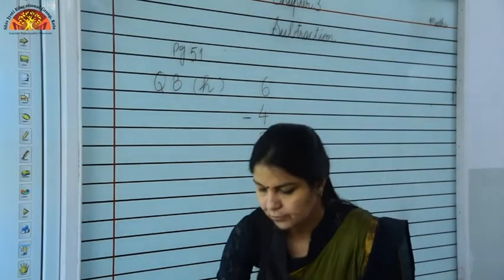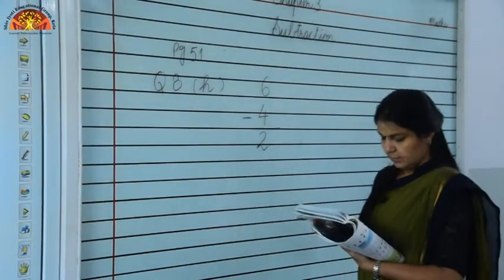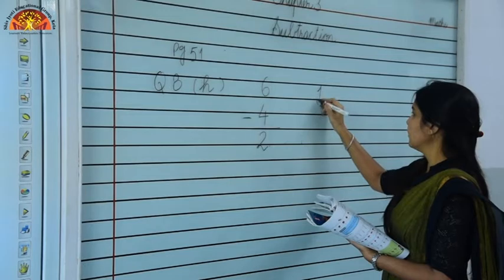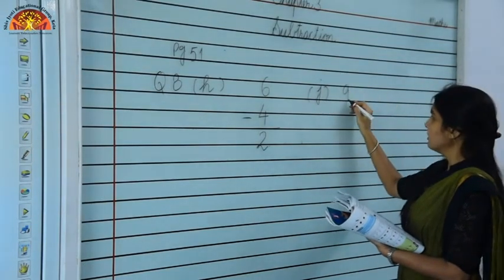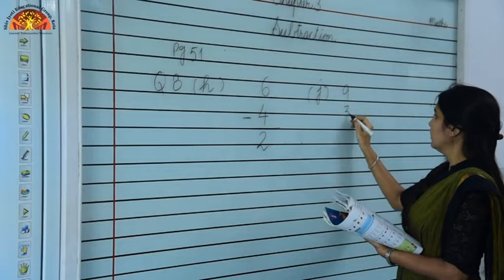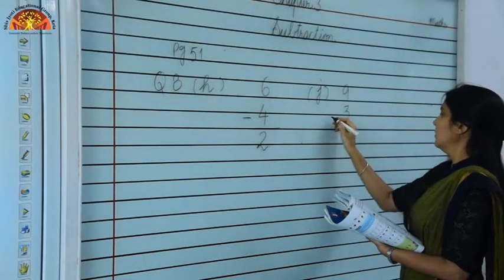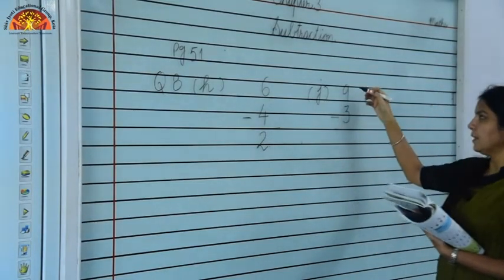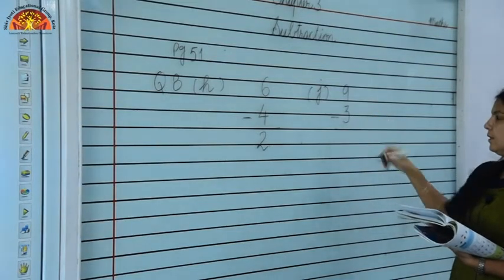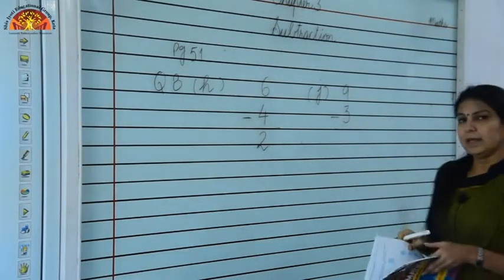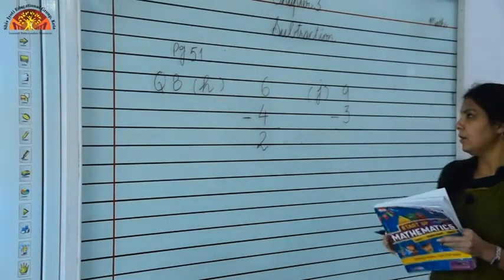Now let's see one more. This is J part of question 8. 9 minus 3. Here you have noticed that the bigger number is written on top and the smaller number is below the greater number. Now again we will start counting on our fingers.